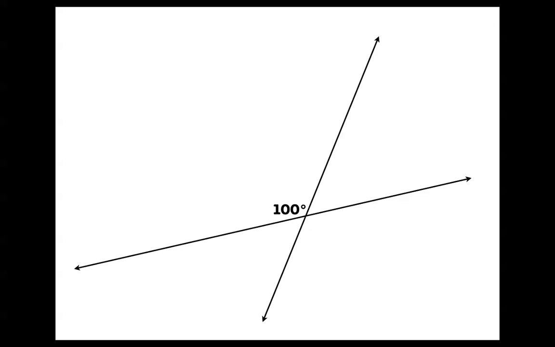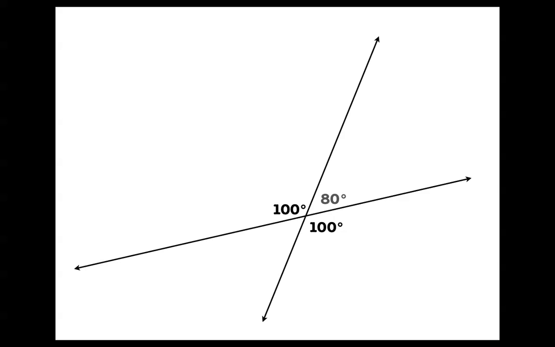Okay, so what if you had a crisscross like this, and I just told you that one of those four angles was 100 degrees? You actually should be able to figure out what the other three angles are. You could figure out this angle is 80. How did we know that that angle was 80? Well, we'll talk about that in a minute.